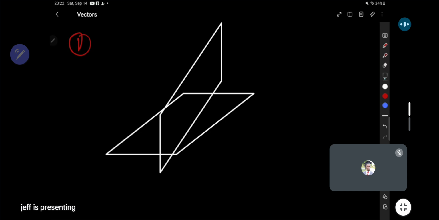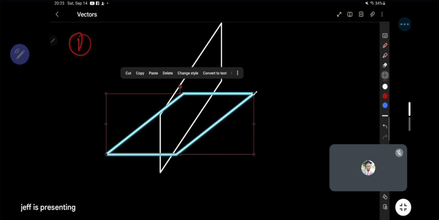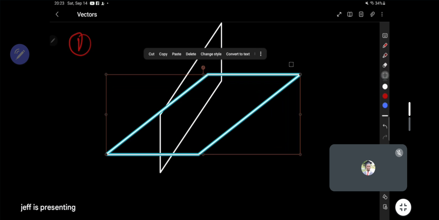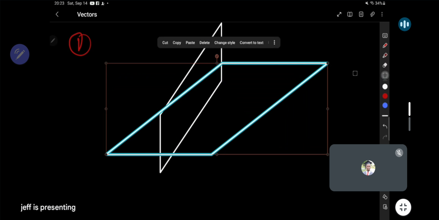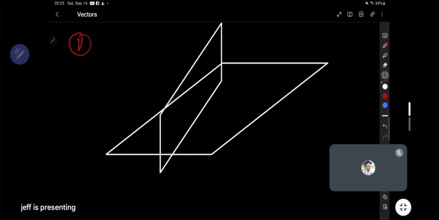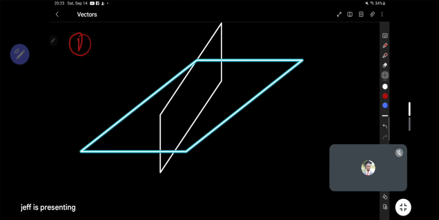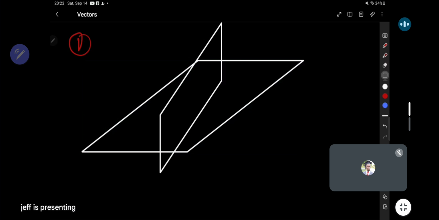Let me make one of these slightly more, yeah, this is going to be easier said than done. Okay, so say we had something like this. If these intersect somewhere along that point there.